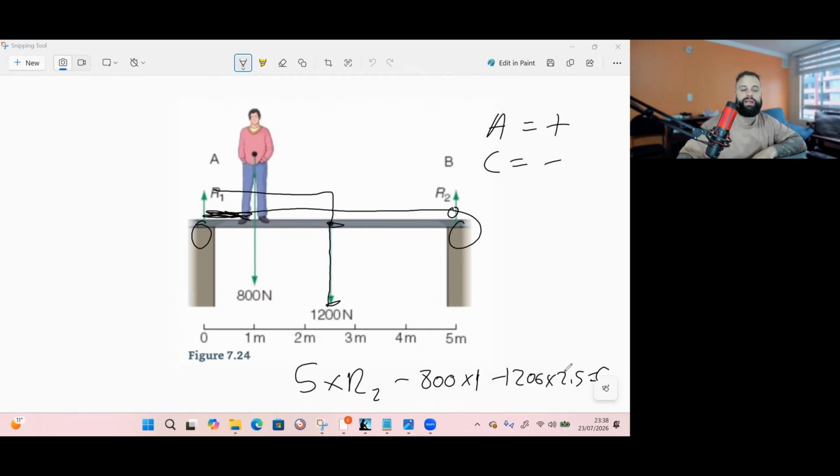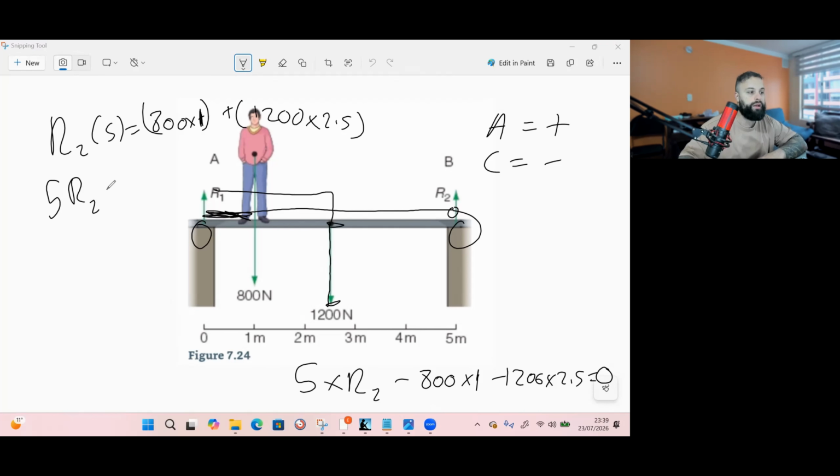All of this should equal 0 newton meters if it's in equilibrium. So R2 times 5 is equal to 800 times 1, plus 1,200 times 2.5. So 5 R2 is equal to 3,800.